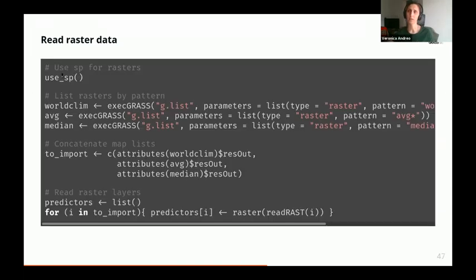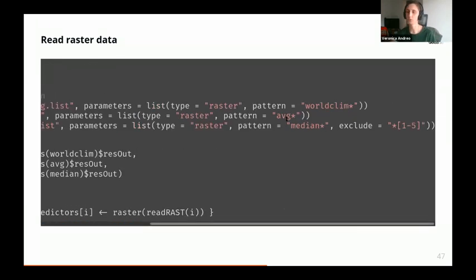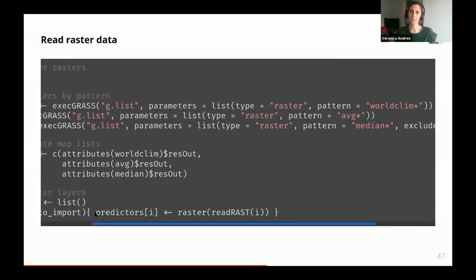Then we read the raster data. So for raster data, we currently can only use SP. So we have to specify that. Otherwise, it tries to load them as stars objects, but that is not supported yet. So we specify this, and then we just run execGRASS and g.list, basically trying to search for the rasters that we have created, okay? All the averages, all the median raster maps that we have created.